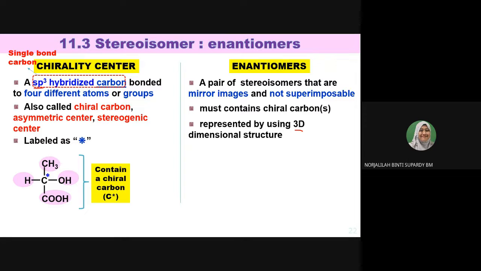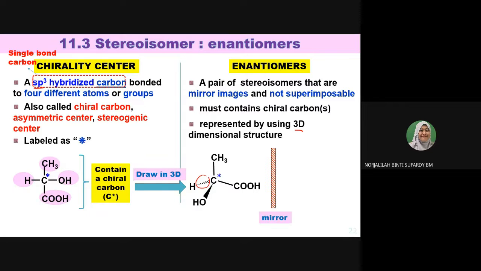So it contains the chiral carbon, and when you draw a 3-dimensional structure, you will have the dash and the wedge. The thick one is the wedge, and then the two other atoms lie on the plane. We usually draw a mirror to show a pair of mirror image molecules, which are the stereoisomers.